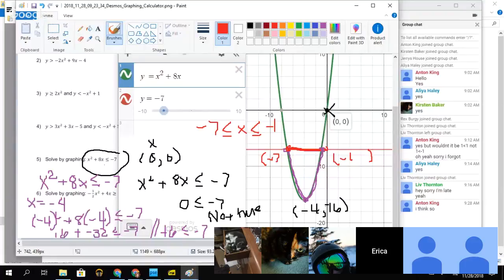All right. Yep, it makes sense. All right. So that's kind of the most complicated you're going to get. You're going to have to solve it other ways.